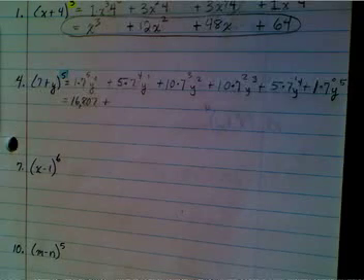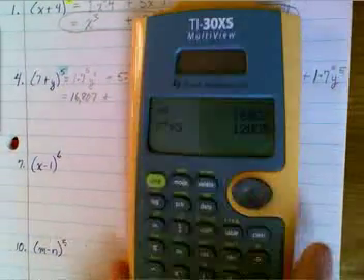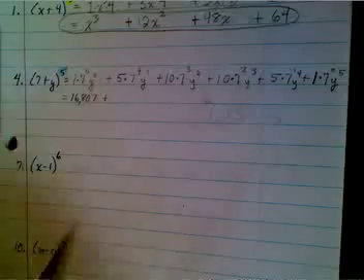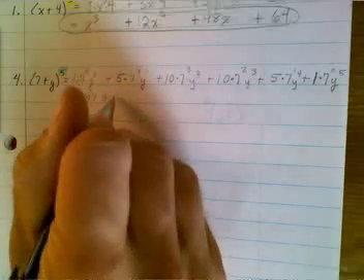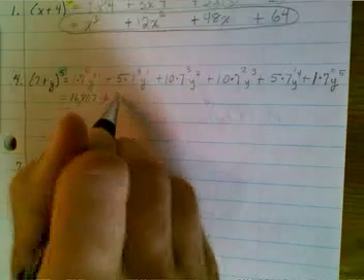Please have your calculator handy and actually practice doing this with me. Because if you don't type it in your calculator and you wait for a quiz or test, chances are you're going to do some of the operations incorrectly, and you're not going to remember how to do some other ones.